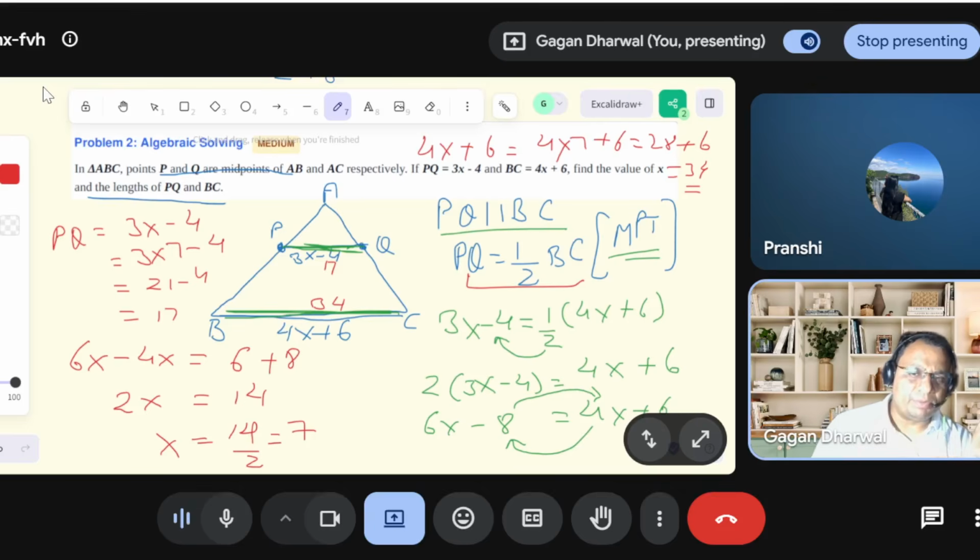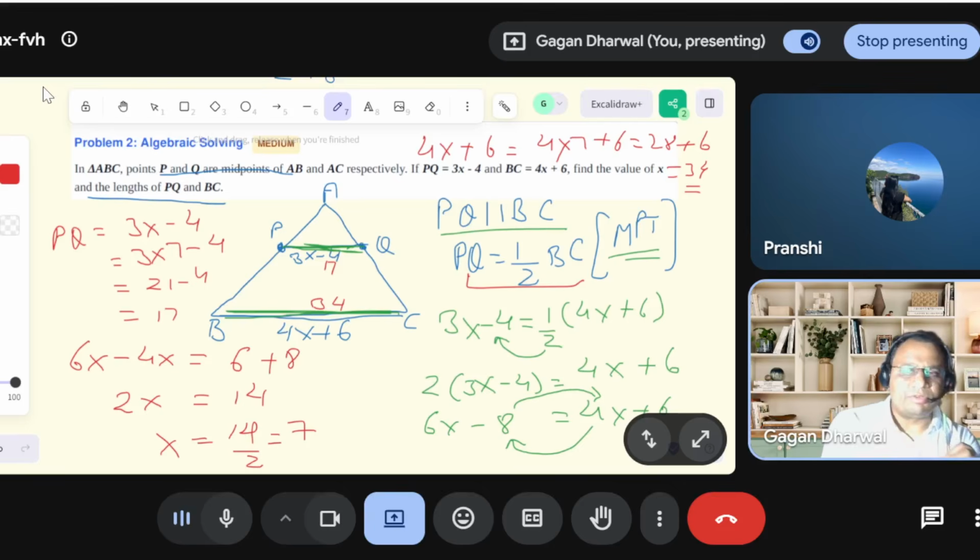And then we opened up the brackets using the distributive property. 2 times 3x becomes 6x, and 2 times minus 4 is minus 8. And then we combined the like terms: 4x we took to the left hand side, and minus 8 we took to the right hand side, grouping the like terms. 6x minus 4x becomes 2x, and 6 plus 8 becomes 14, and then 2 went to the other side and got divided, right?